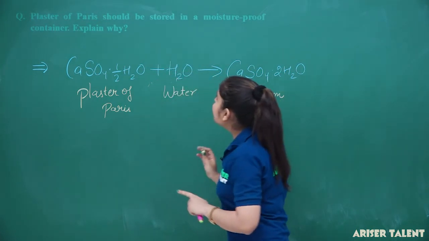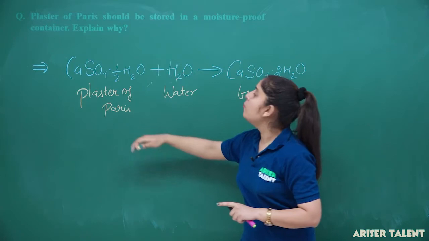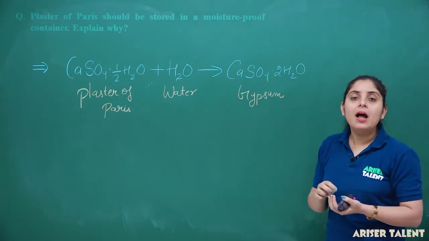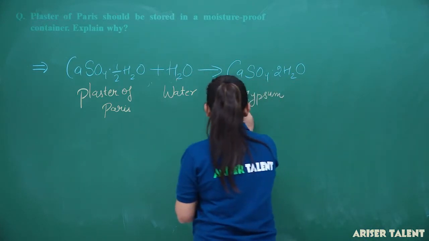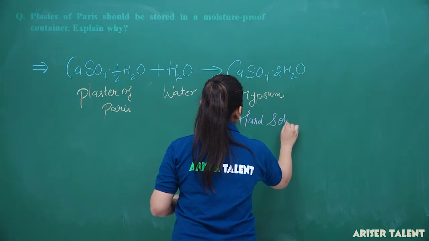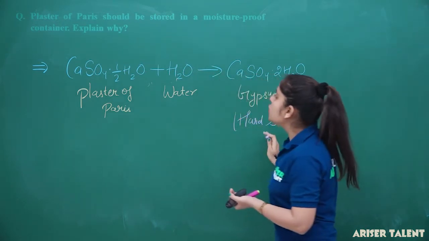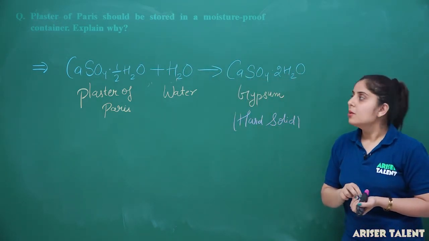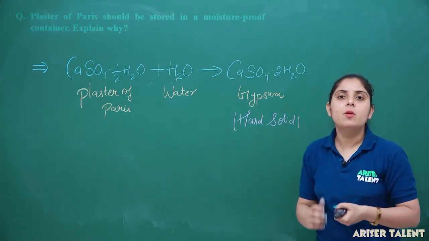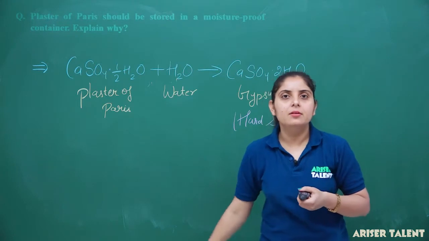So we can easily see that if it is not kept in a moisture-proof environment, what will happen? It will set into a hard toughened mass, forming a hard solid, because it will absorb the water from the moisture. So this will be the basic reaction. So plaster of Paris should be kept in a moisture-proof environment.